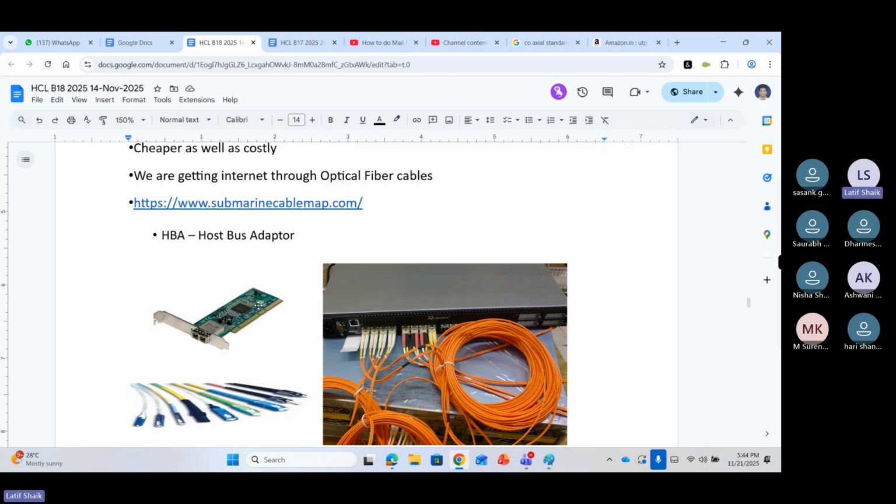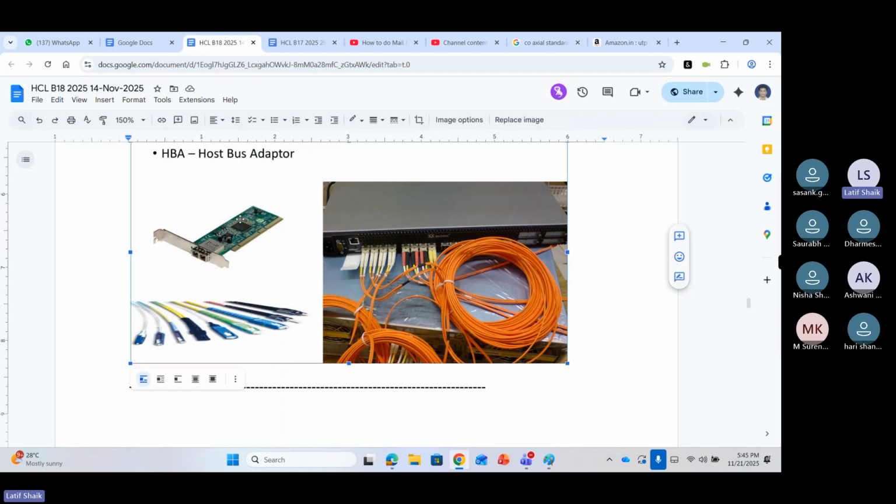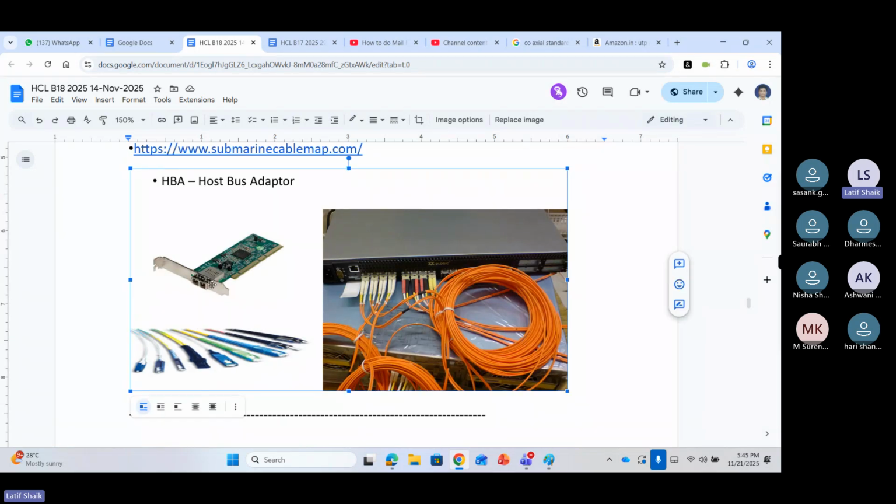So whether it is cheaper or freely available, you can't connect it to your laptop or desktop. If you want to connect, the related NIC is required. This is called an HBA, host bus adapter. People insert these adapters into server motherboards and connect the fiber optic cables to these host bus adapters.